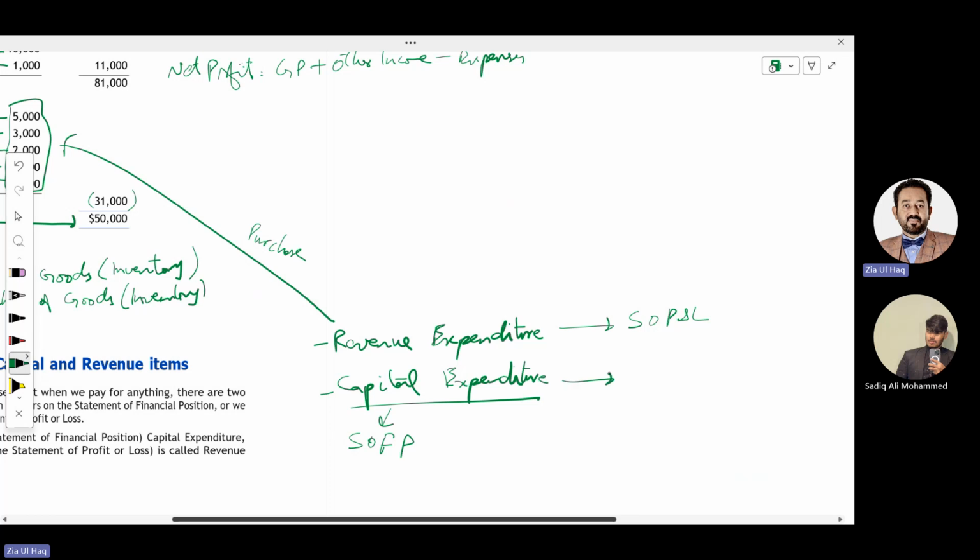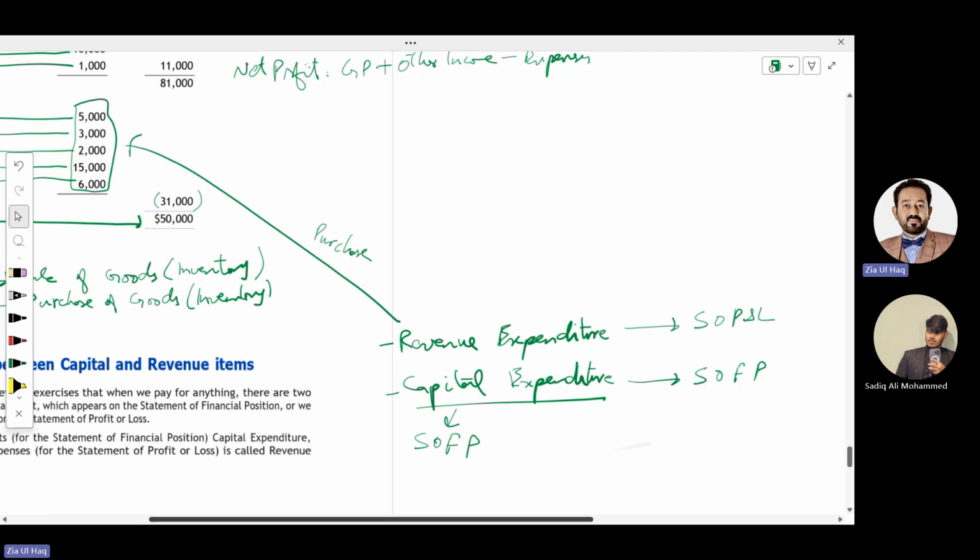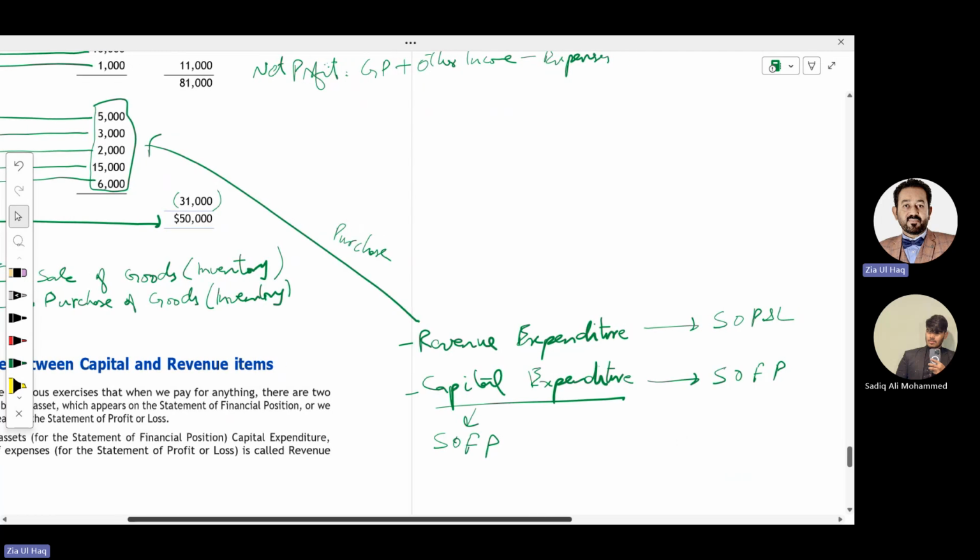While capital expenditure is relating to purchase of assets, non-current assets, we will record where? Statement of financial position, SOFP, SOP and SOFP. Can you understand this? If we are paying money to buy any non-current assets, that will be called capital expenditure.